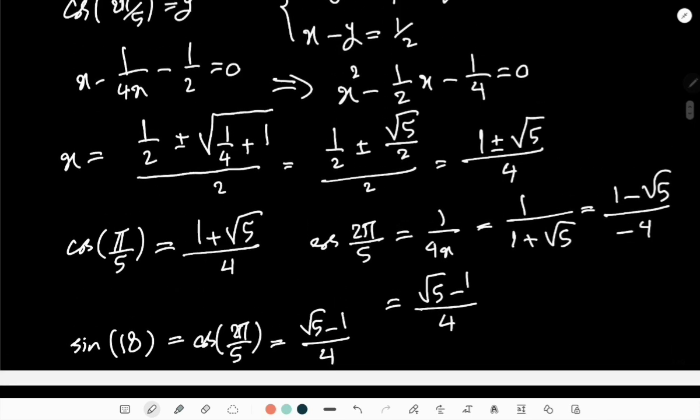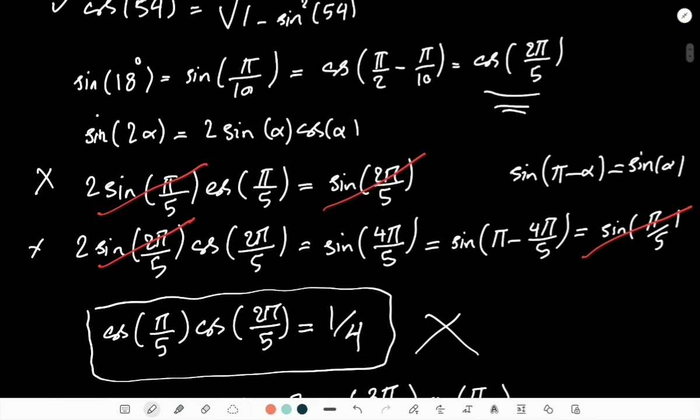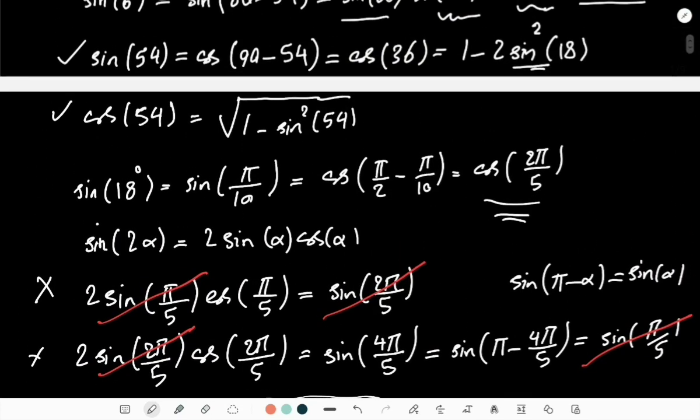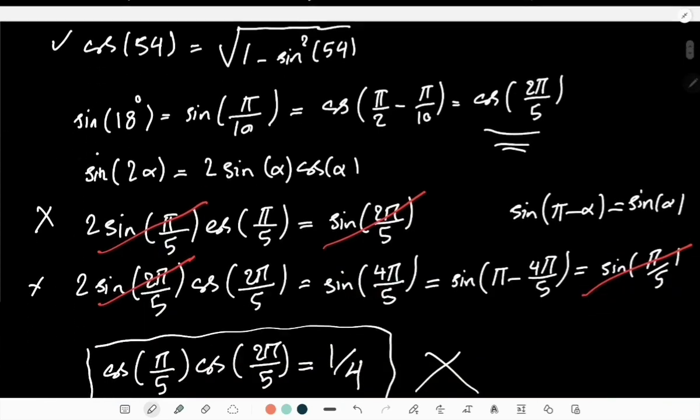Perfect. Now if I go back to the equation which I derived in the beginning here, then I can calculate sine of 54. So let's do that.